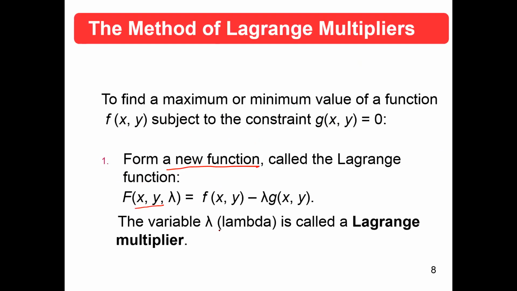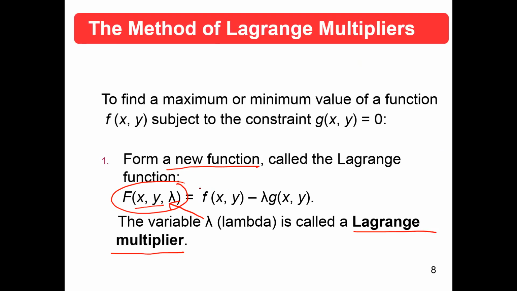It will also include a new variable lambda. The lambda is the Lagrange multiplier here. So the function of x, y, and lambda is going to be the new function for the Lagrange multiplier method.